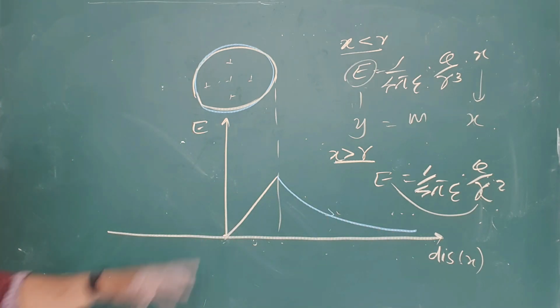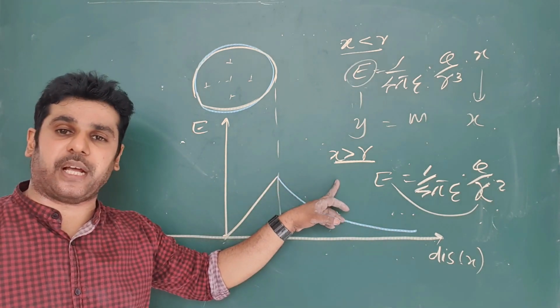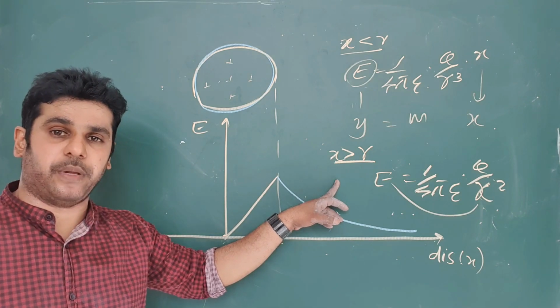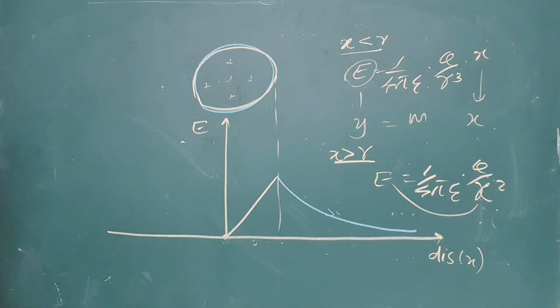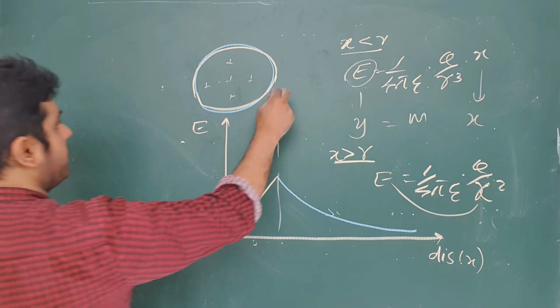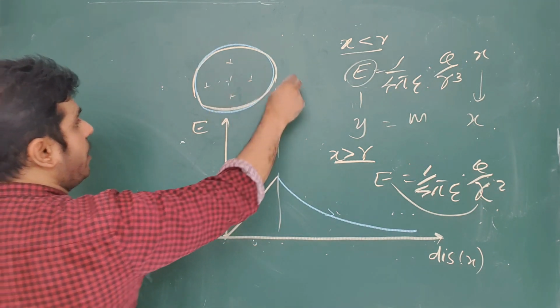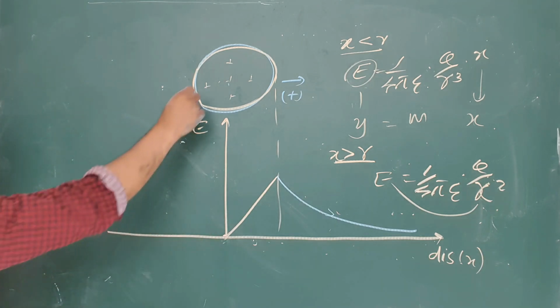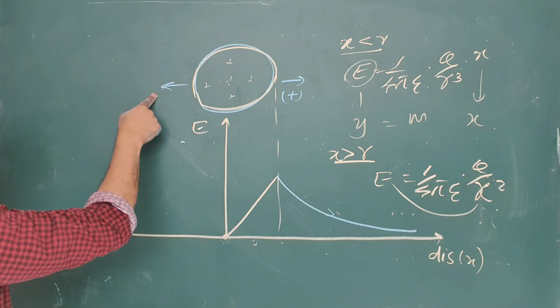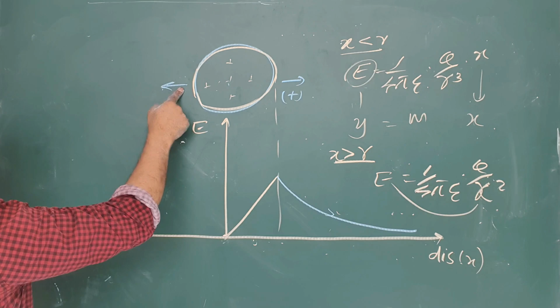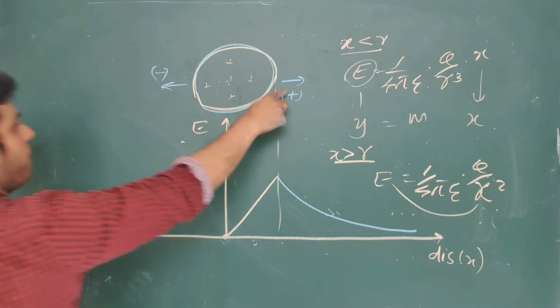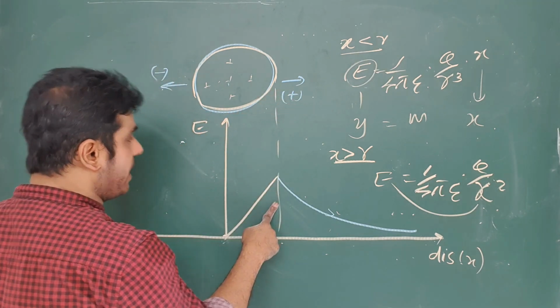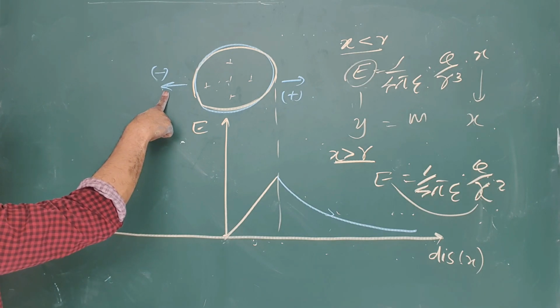But anyway, electric field intensity is a vector. So you have to take the sign principle. Now this is the center. For the right direction, I take electric field intensity as plus. Electric lines go away from the positive charge, and when plus represents the right hand side, minus represents the left hand side.